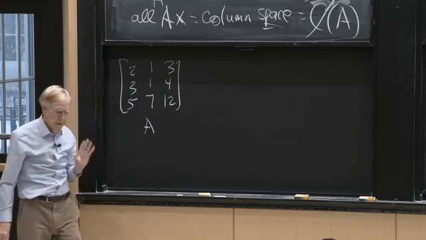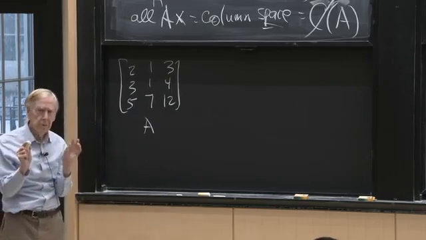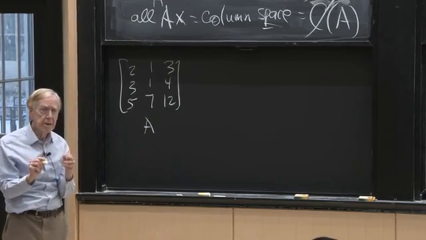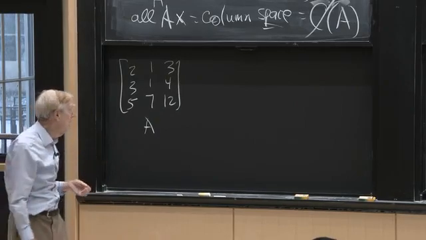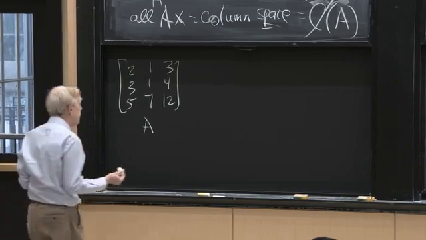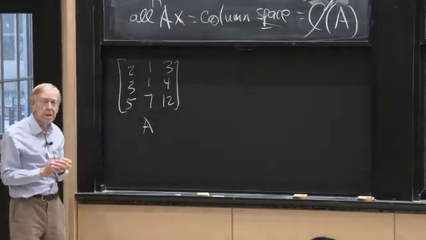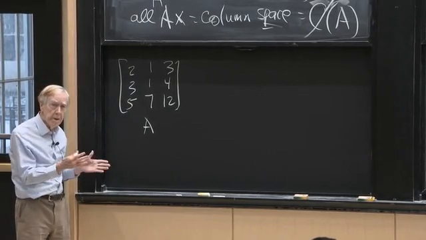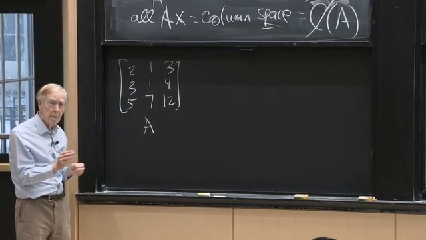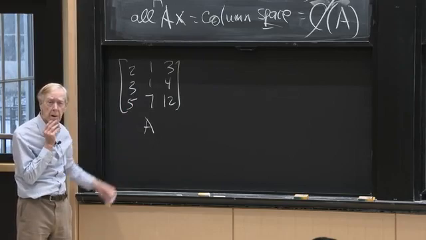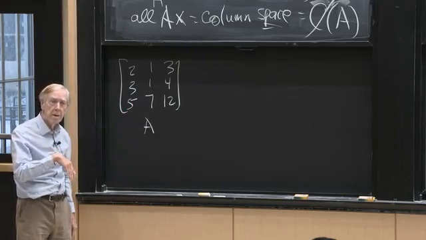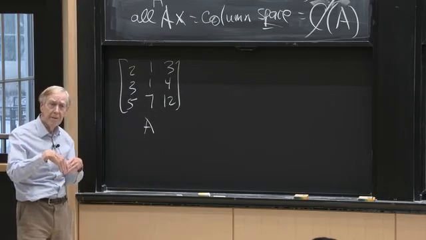Okay, so let's start from scratch and find a basis for the column space in the most natural way. What's a basis? A basis is independent columns. So all three together would not be a basis. But they have to be not just independent, but they have to fill the space.